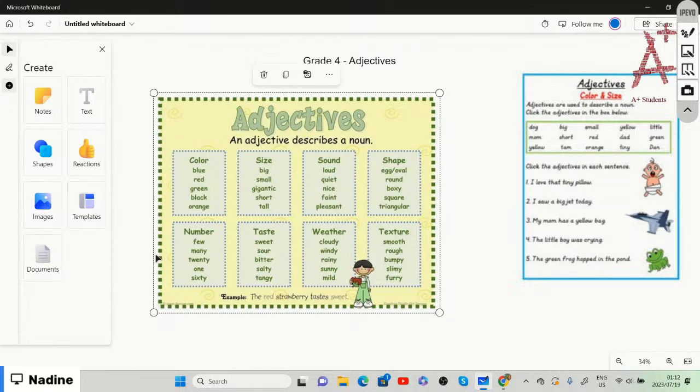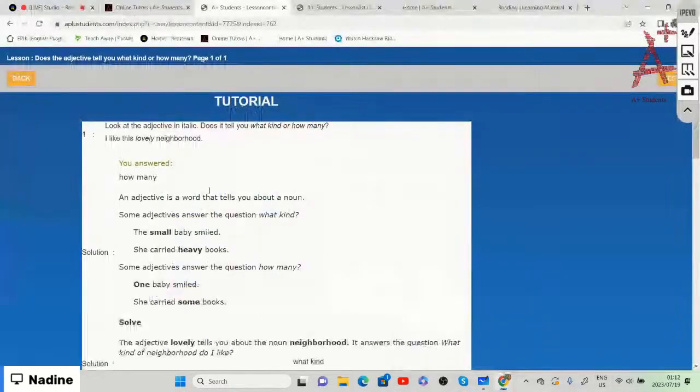So that is adjectives that describe the noun, or tell us about the noun. All right, so back to our tutorial. An adjective is a word that tells you about or describes a noun. Some adjectives tell us what kind, and other adjectives tell us how many.